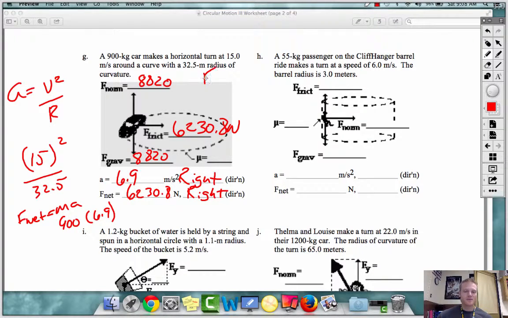Well, if you remember your formula for force of friction, which is force of friction equals mu times the normal force, I have the normal force and I have the force of friction, so now it's just basically plugging numbers in. So it's 6230.8 equals mu times the normal force, which is 8820. And if you do that division problem, I get a mu of 0.7. Remember, mu is unitless, so you just leave it as is.